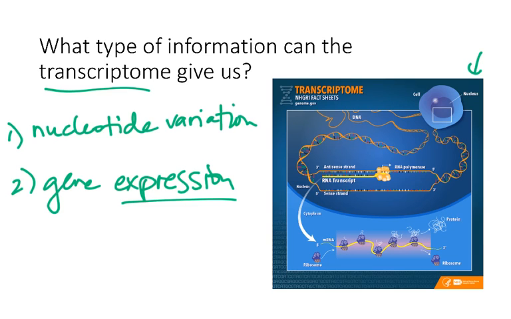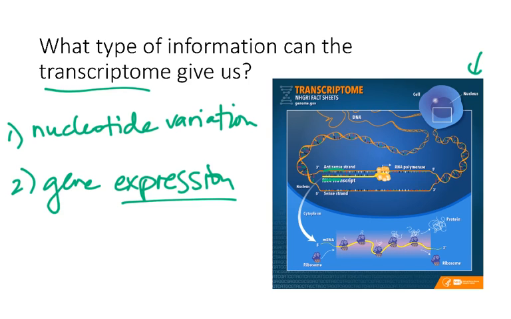So remember I said the transcriptome is all of the genes that are actively being expressed. When you do a transcriptome high throughput sequencing study, you can also get information about the level of expression of these different genes. So in this image here on the right, this is showing the process of going from your DNA here to your RNA transcript.